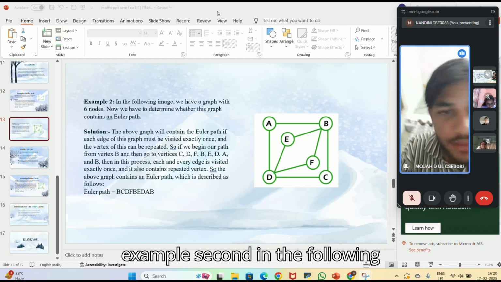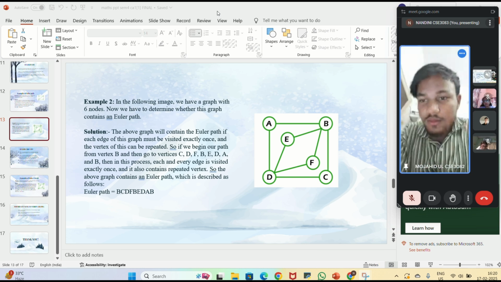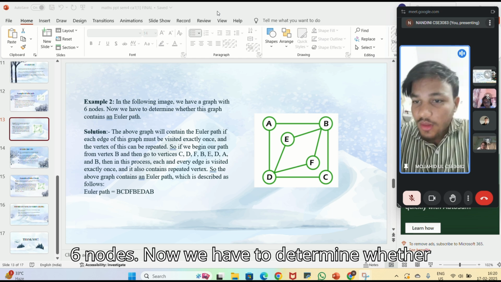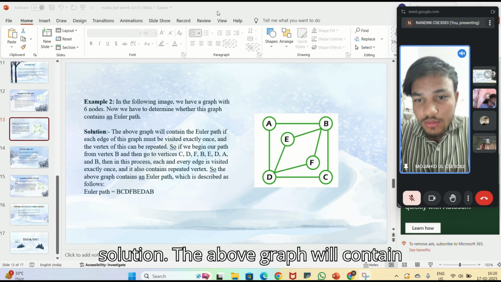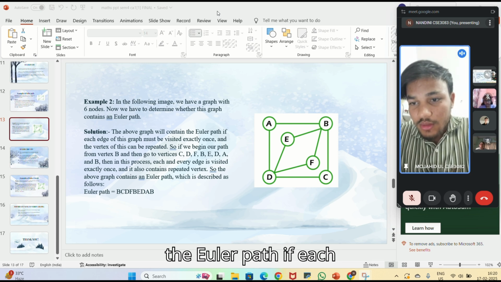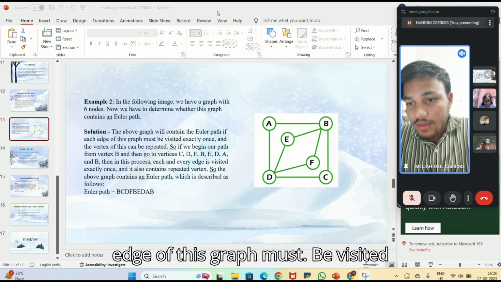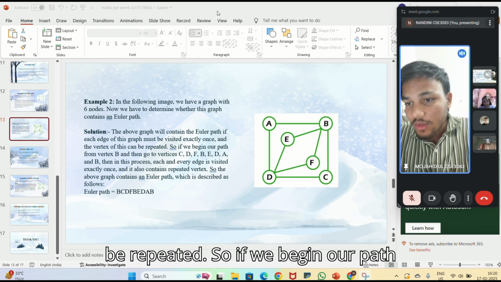Here's example second. In the following image, we have a graph with 6 nodes. Now we have to determine whether this graph contains an Euler path. Solution. The above graph will contain the Euler path if each edge of this graph is visited exactly once, and the vertices can be repeated.